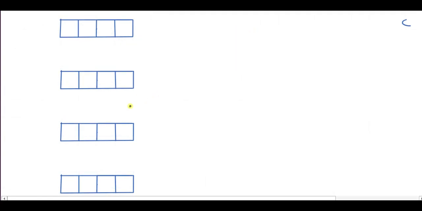Now, I've drawn these boxes here, and they stand for the consonants of any given Hebrew word. So as you know, Hebrew words can have just a couple of consonants, or they could have more than 4. But this string of 4 boxes represents any 4 Hebrew consonants of a word.